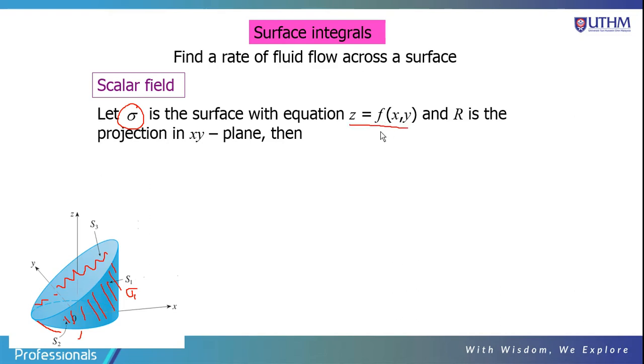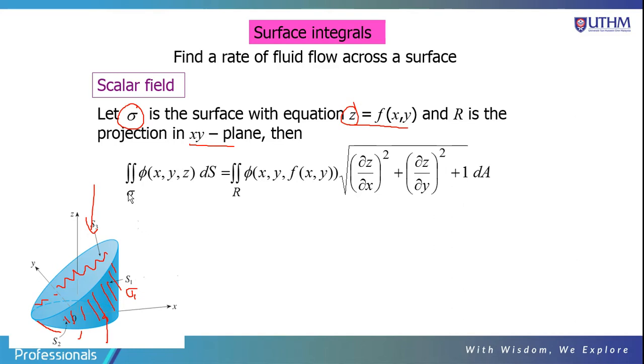So for the equation z equals f(x), the projection must be looked at from the z axis, so the projection is in the xy plane. Your eyes look from above or below.